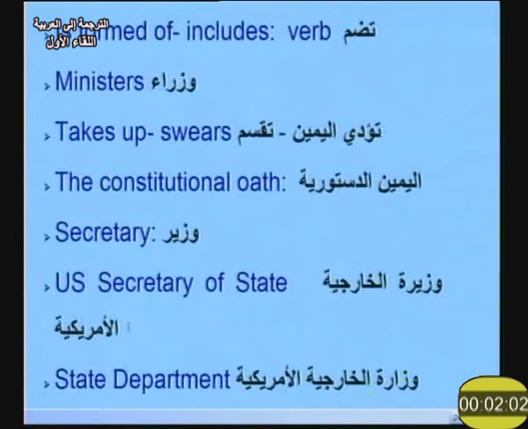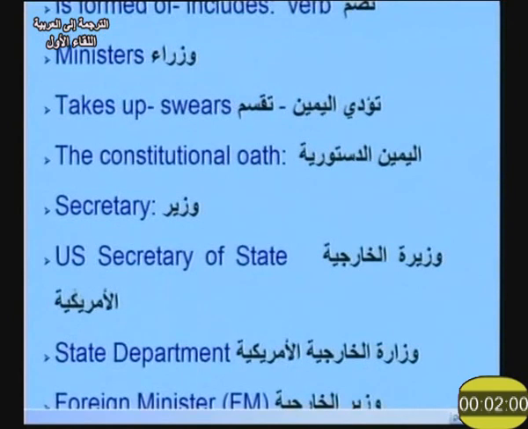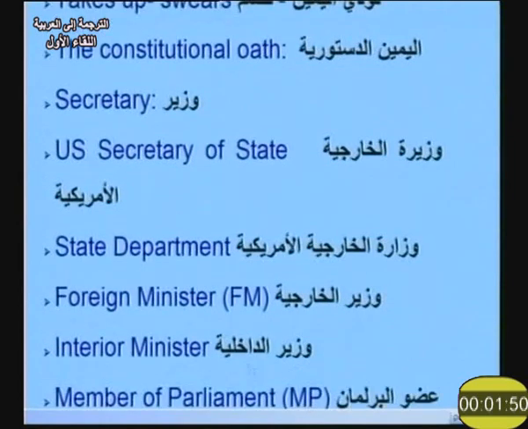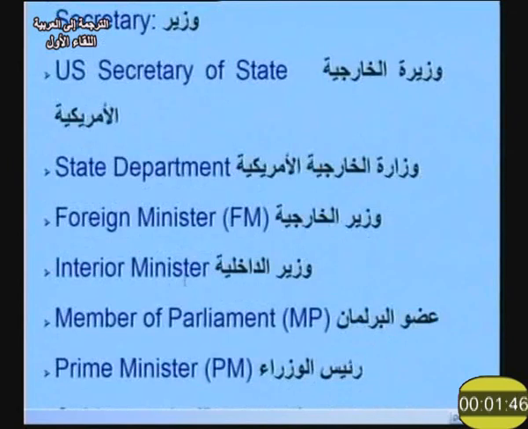We have to use them as they are; they are not changeable. لكن وزارة الخارجية الأمريكية State Department. وزير الخارجية في مصر Foreign Secretary or Foreign Minister في العالم كله. Interior Minister وزير الداخلية. في إنجلترا بيسموه Home Secretary.